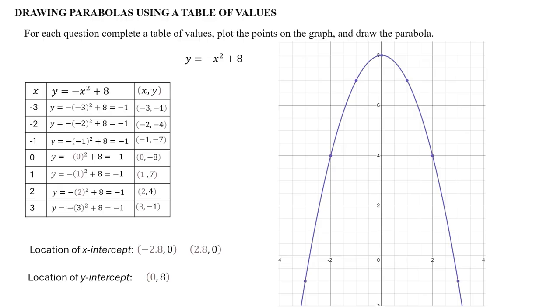Take note of the y-intercept, 0, 8, and compare that to the equation y equals negative x squared plus 8. You'll start to see patterns and start to recognize what these various numbers mean and how they show up on the graph.